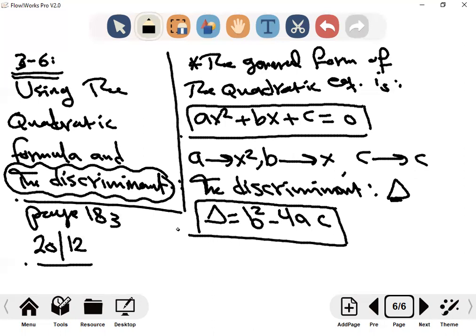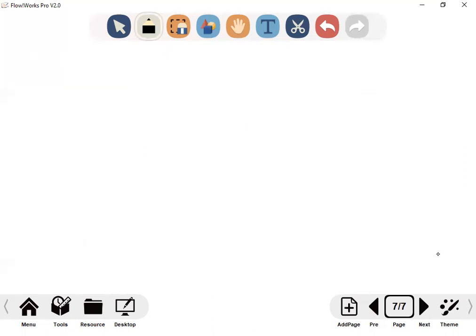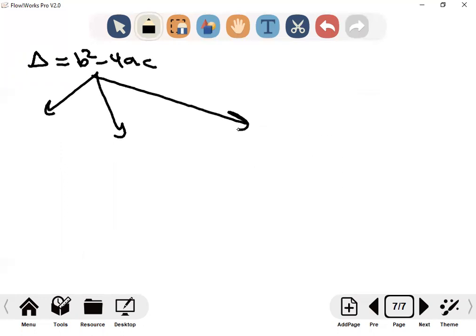Now focus with me a little. We said delta equals b power 2 minus 4ac. Delta can be positive, negative, or zero, right?